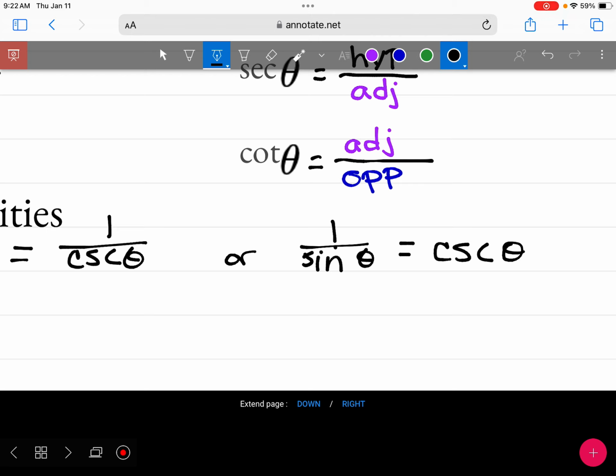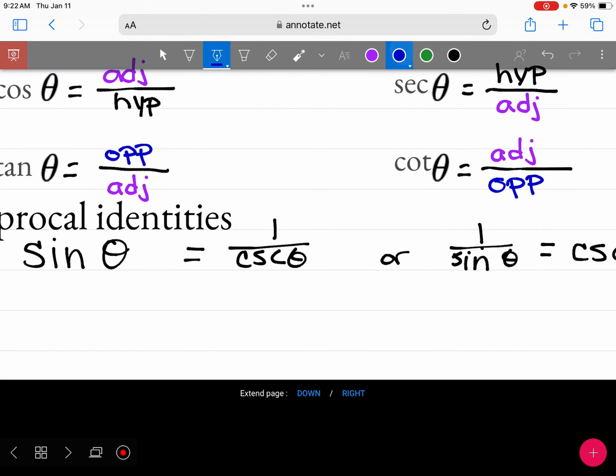A way to remember, because the biggest mistake we have is that we'll flip these two in our head: each pair only has one co. So cosine won't go with cosecant. There's only one co in each pair. So cosine goes with secant.